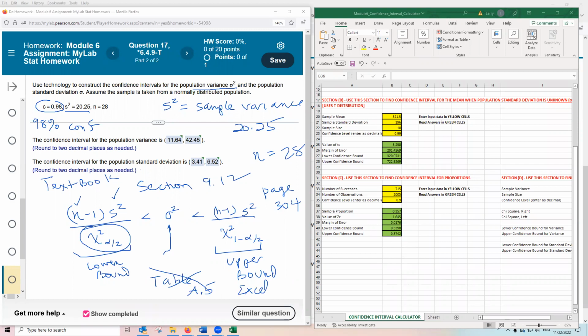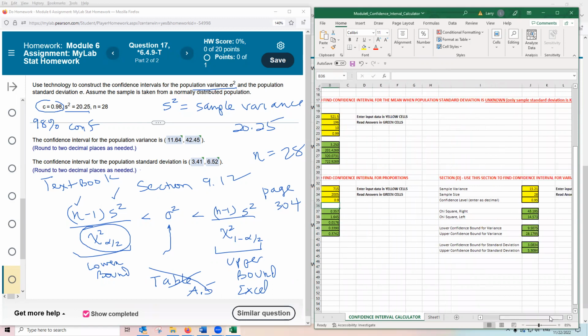So let me scroll over here to go to section D, and we'll do an example. And so if you notice here in this Excel workbook, you need to input the sample variance, the sample size, and what confidence level you want.